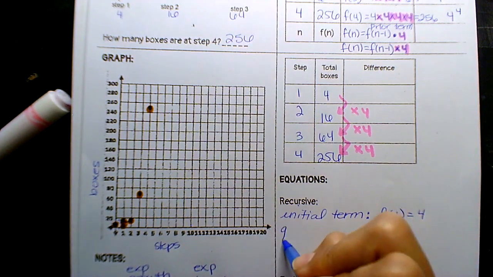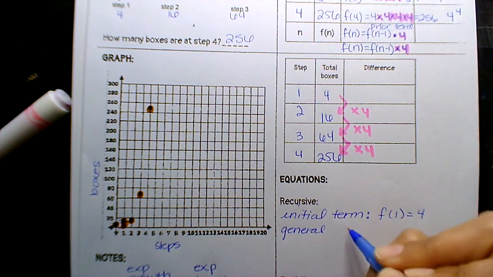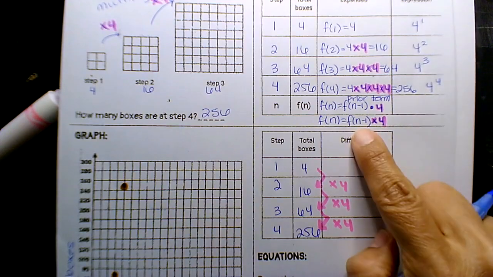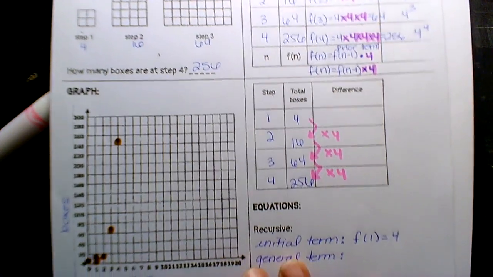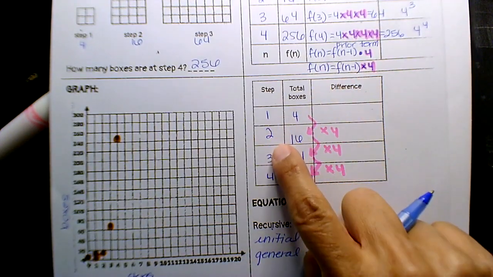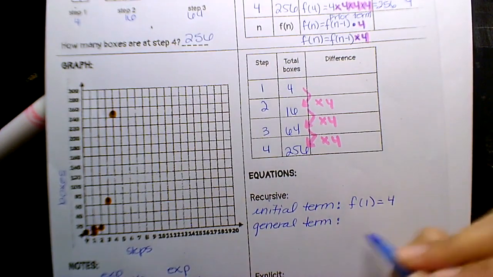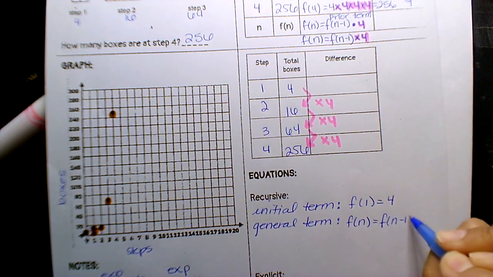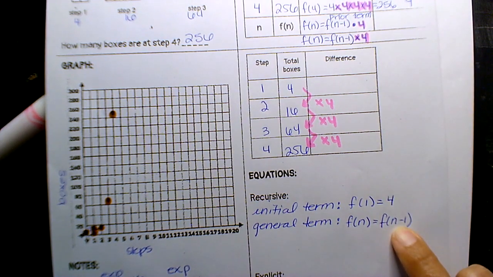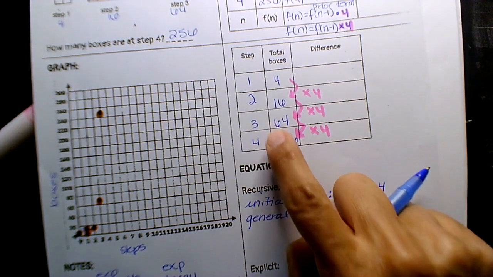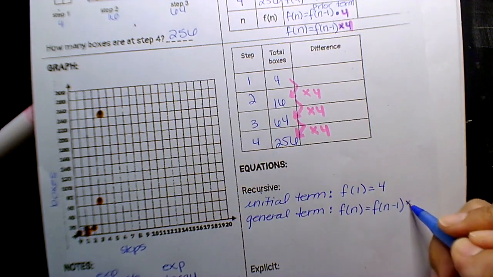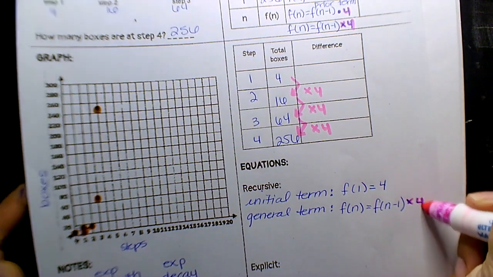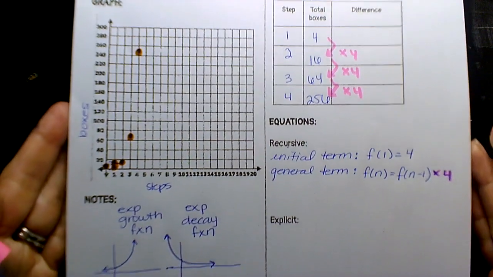And then after, it's the general term. And that is what we have up here. As you go from step to step to step, if I want to know what f of n is, I'm going to look at the prior term, and what am I going to do to that prior term to go to the next term? Times 4. And that is your recursive equation.